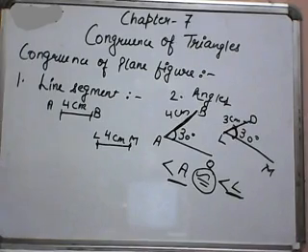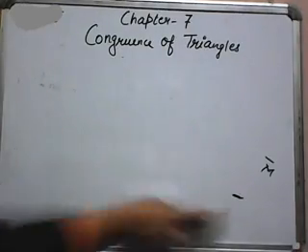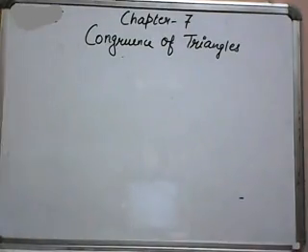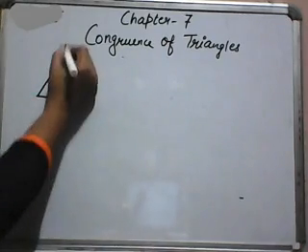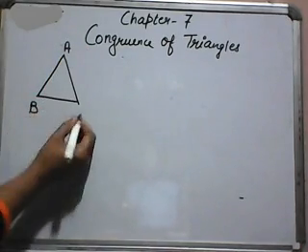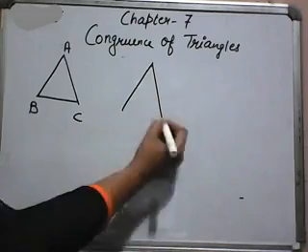Let's discuss congruence of triangles. Suppose it is triangle ABC. It is another triangle PQR.